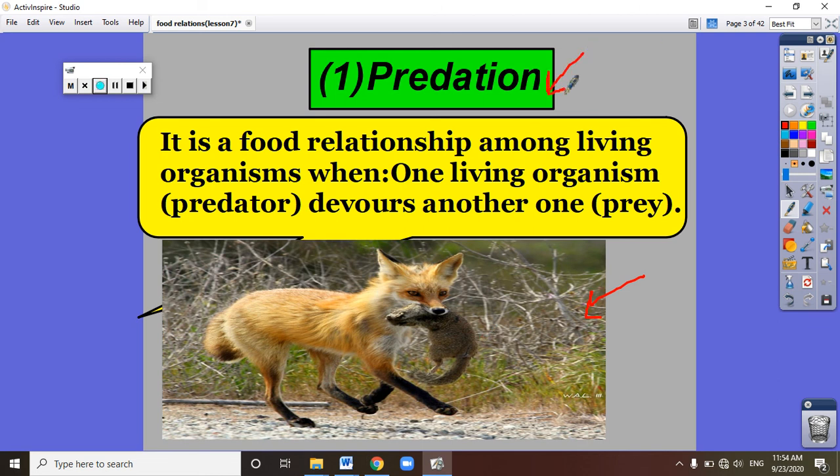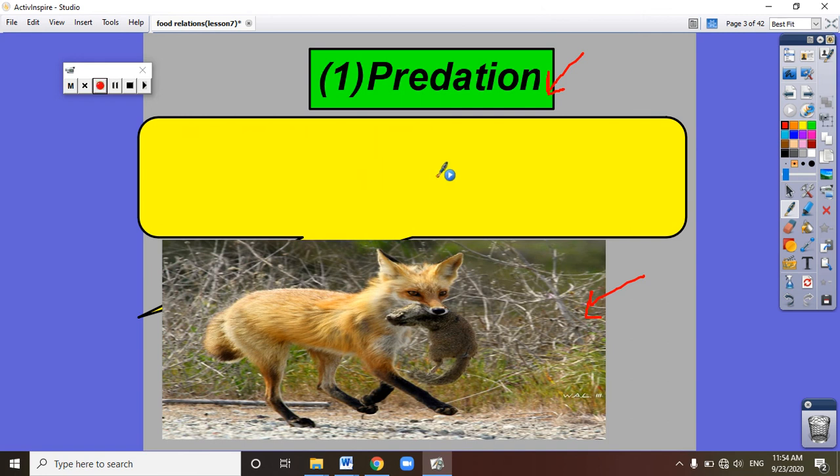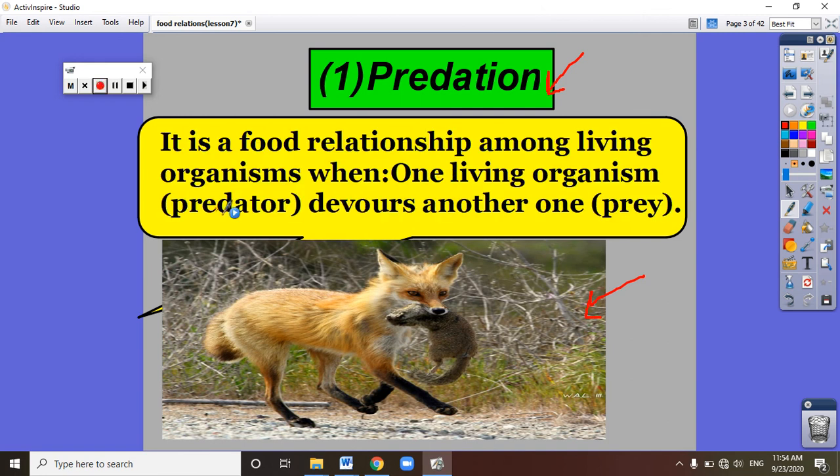So when we define predation, we say it's a food relationship between two living organisms, where one living organism devours the other. And devours means attacks.